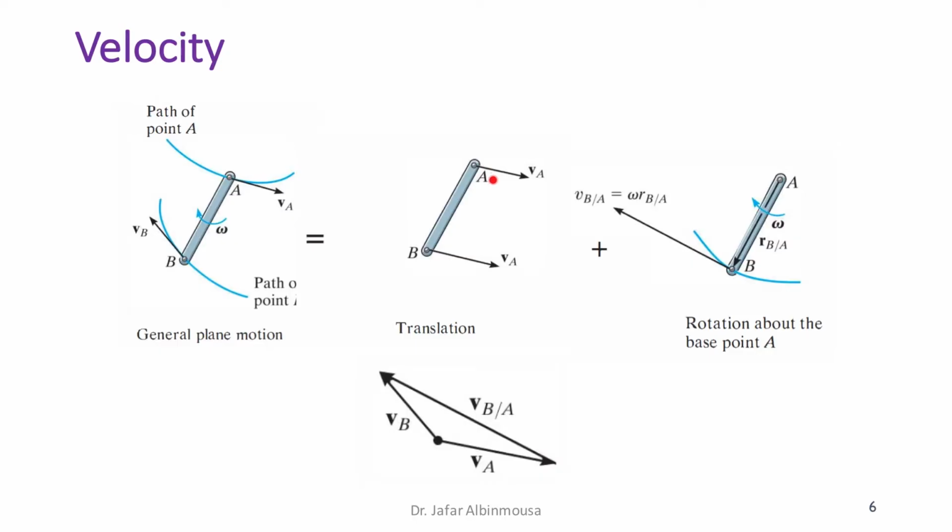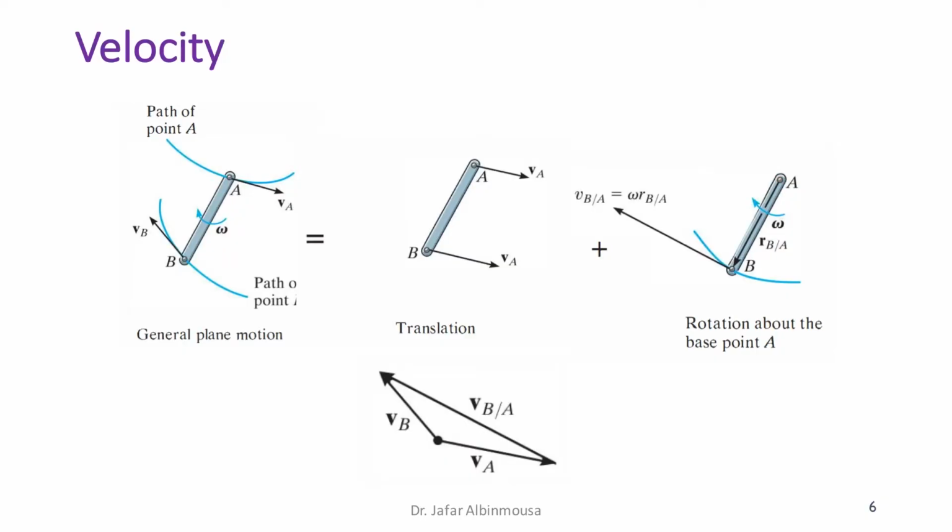Whether it is point A or point B, all of them will have the same velocity, and we call it vA. But we have to add the rotation about point A. The rotation about point A is very simple. If we have a rigid body in rotation, all we need to do is multiply omega by r.